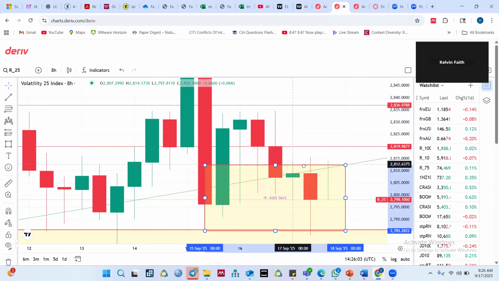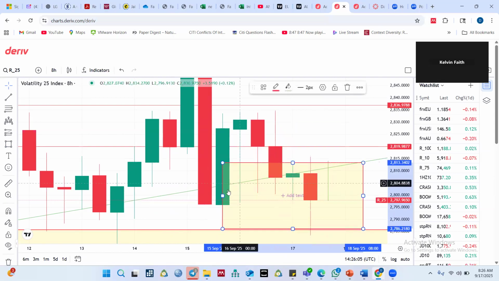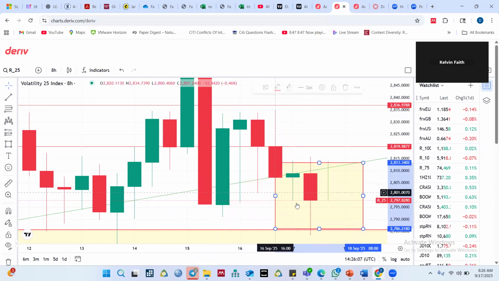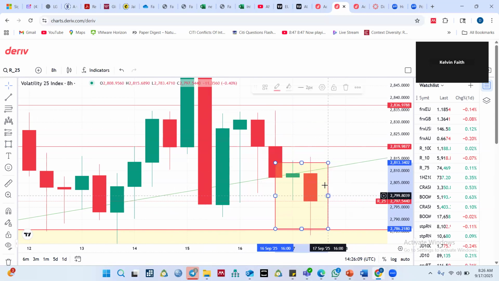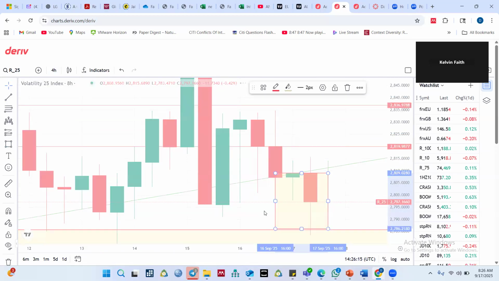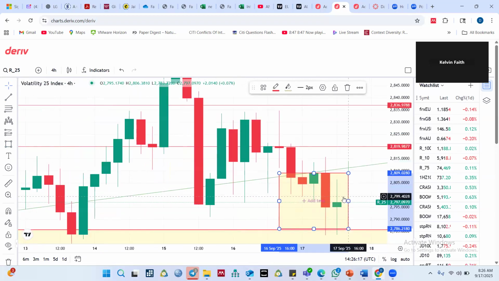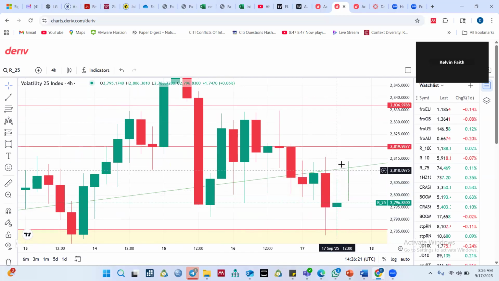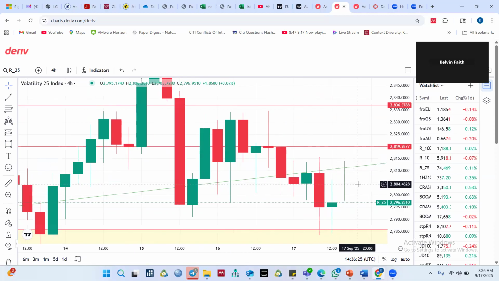So if this current 8-hour candle is able to reject back above the trend line, which will mean that the 4-hour candle has pushed to close above the trend line, then we are likely to see price push to the upside.